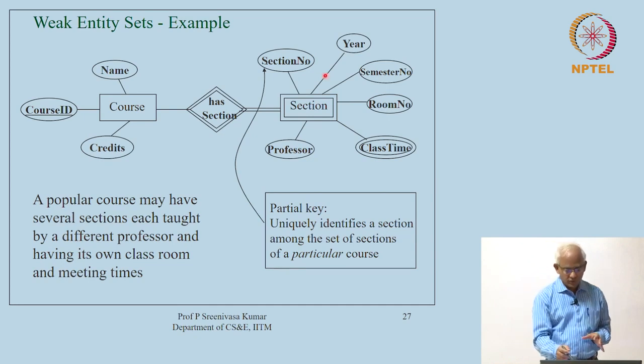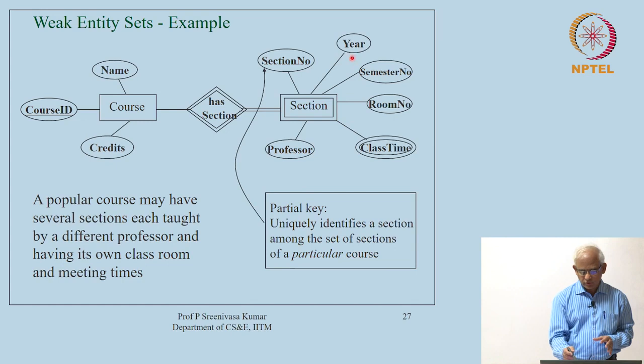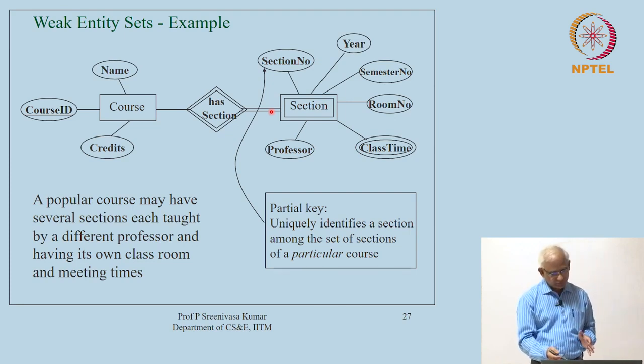But what we are guaranteed is that we should introduce some attribute which can uniquely identify all the weak entities associated with that strong entity, and usually we can find such an attribute, and that is what we call a partial key. Okay. So, is this idea of a weak entity clear?